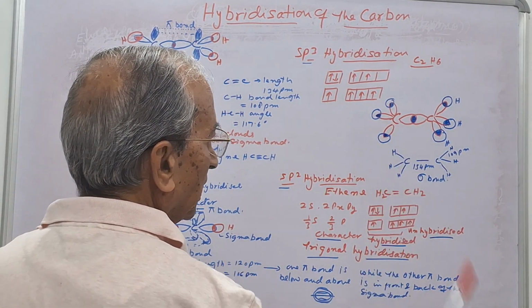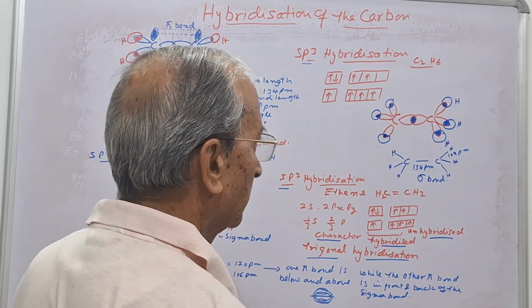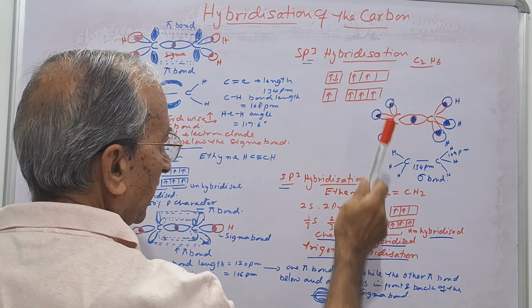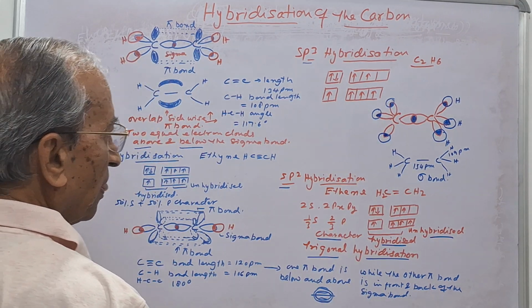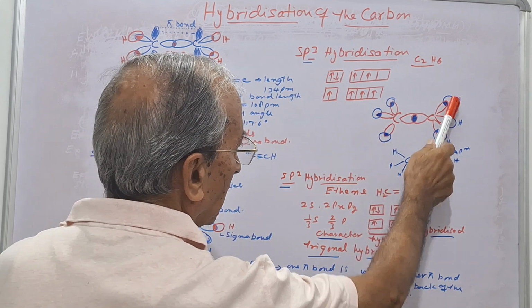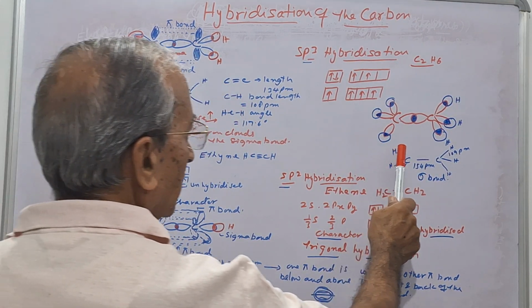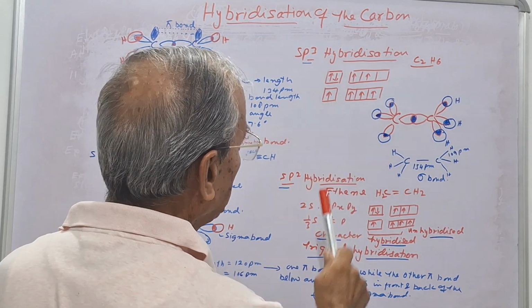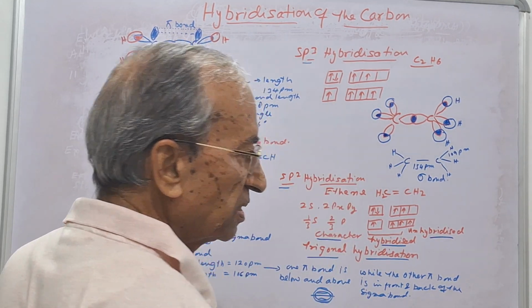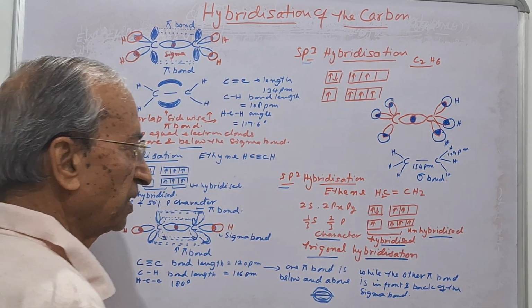It is an axial overlap, that is head to head. And the 3 other hybridized orbitals form sigma bonds with 3 hydrogen atoms. So this is the sp3 hybridization, meaning 1s and p3 hybridize and form the 4 orbitals of the same energy.